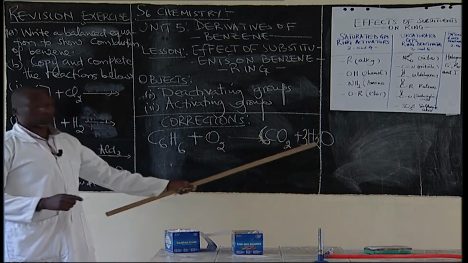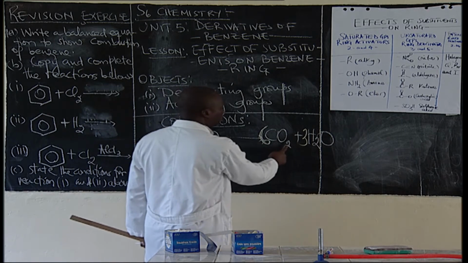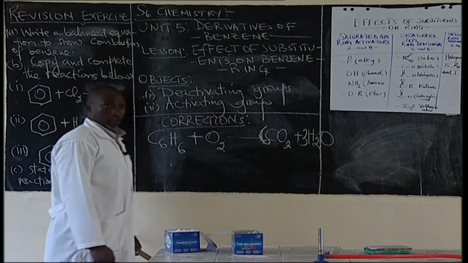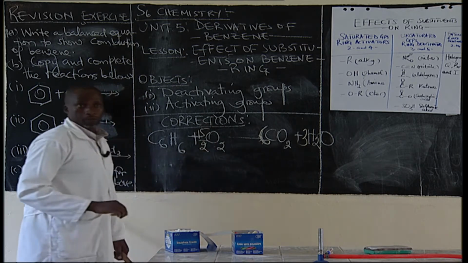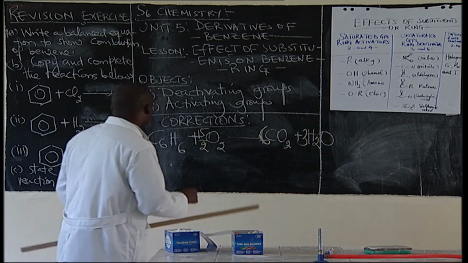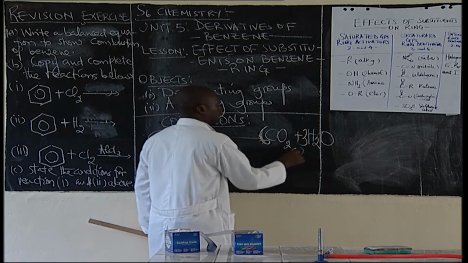So we are remaining with the oxygen atoms. How many? We have 12 and 3, which makes 15, so this is the same as 15/2 O2. So that is the balanced equation. Benzene exists as a liquid, carbon dioxide is a gas, and water here is a gas.